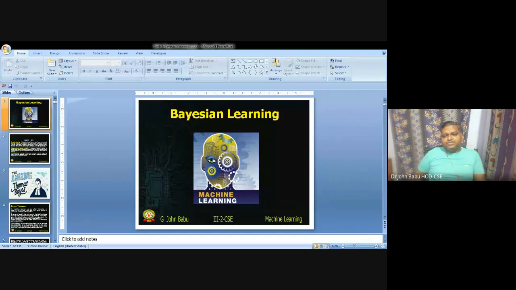This theorem was in application for a long time, but it has come into focus especially with the surge of artificial intelligence and machine learning. So today we will try to understand what this Bayes' theorem is by taking some examples.